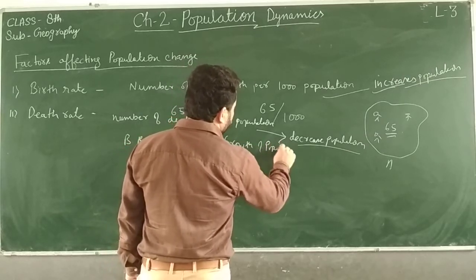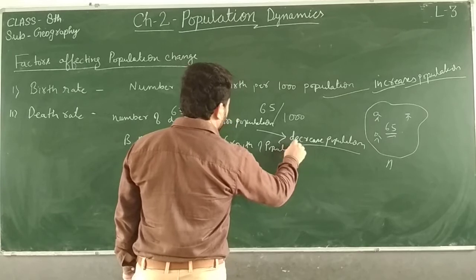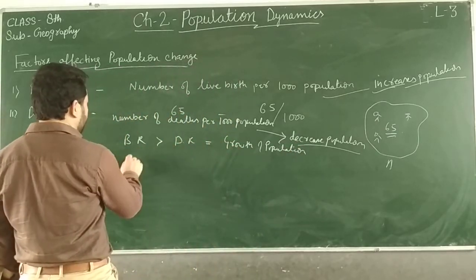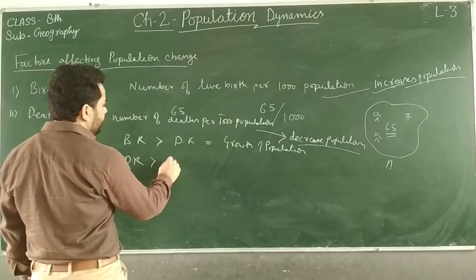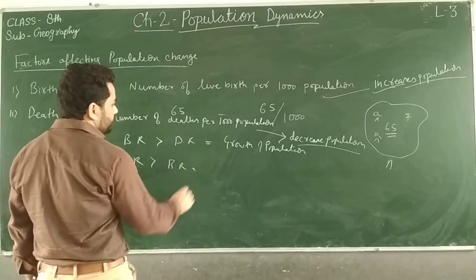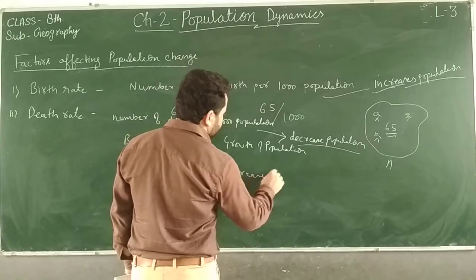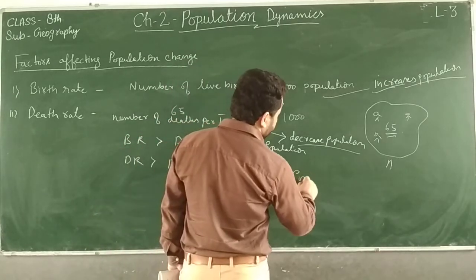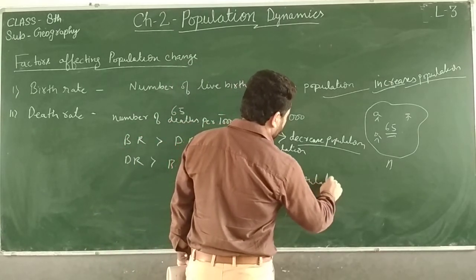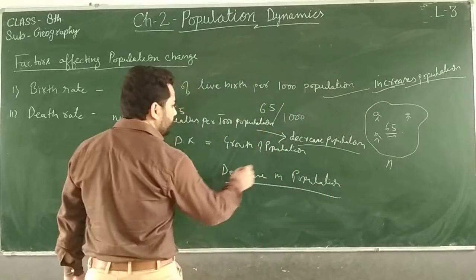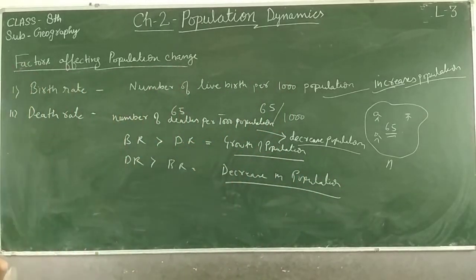Whereas if the death rate is higher than the birth rate, there will be a decrease in population. You have to remember these two things.